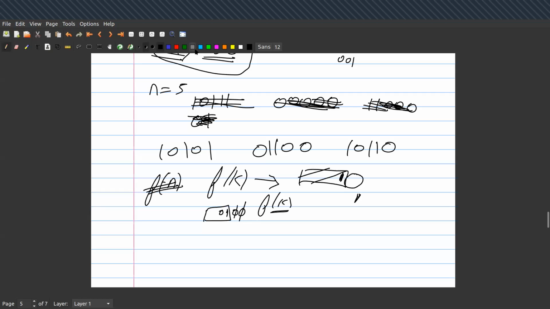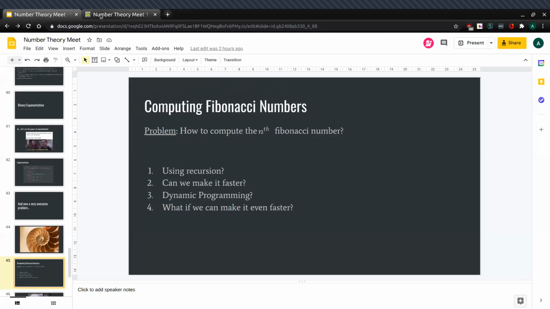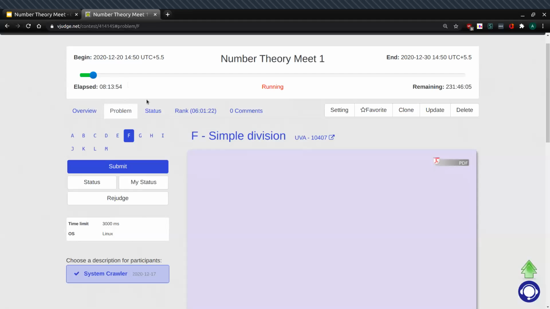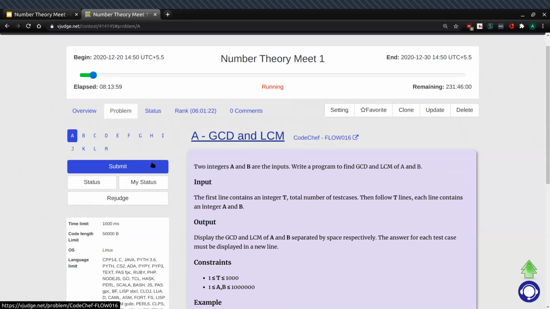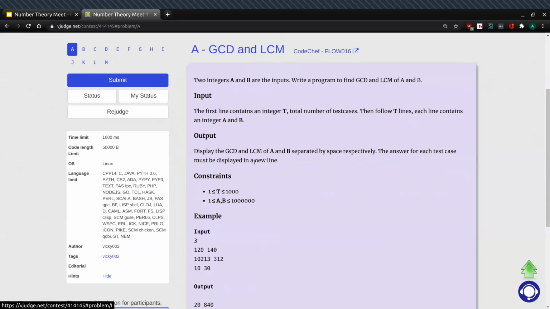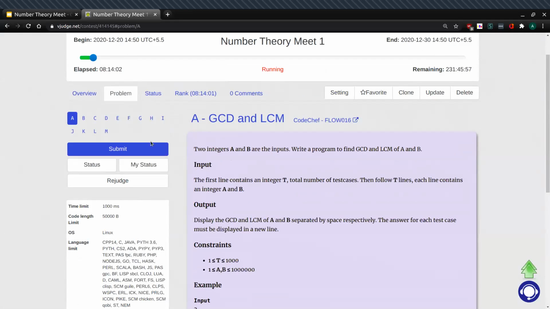I'll just show you the gym that we have prepared, which contains problems based on the current topics only. This is the number theory meet gym we have prepared. It's on VJudge, and we will share the link. You can solve practice problems over here.